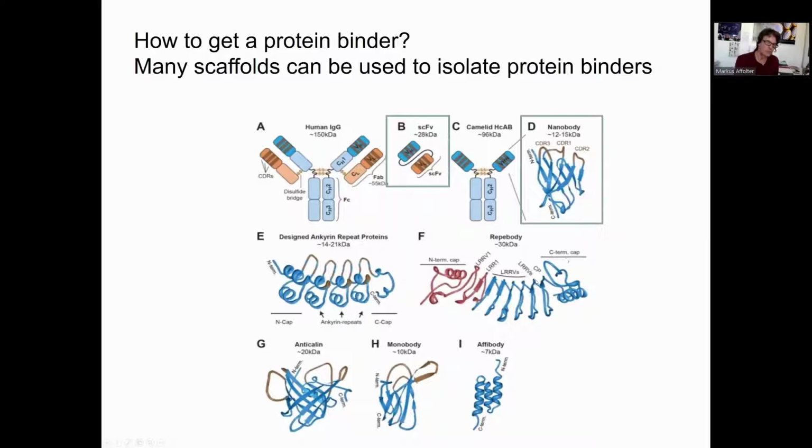But I was sure that this scaffold would be the first one to have high affinity binders published in a quick way, and that happened now. So I just wait for the day the DARPins are published against the coronavirus spike proteins. And then the repebodies, affibodies, monobodies, anticalins, all of these companies, they know now what they have to do, and they do it because it's 4 days of work.